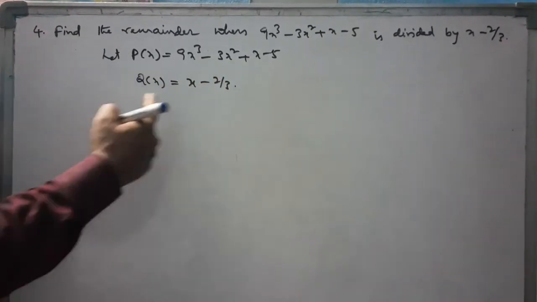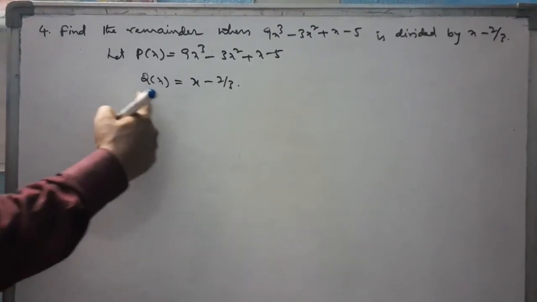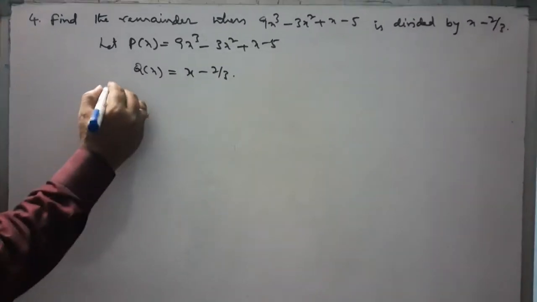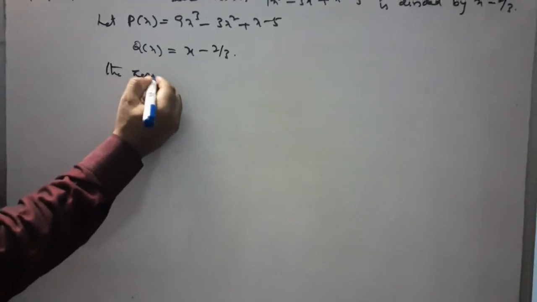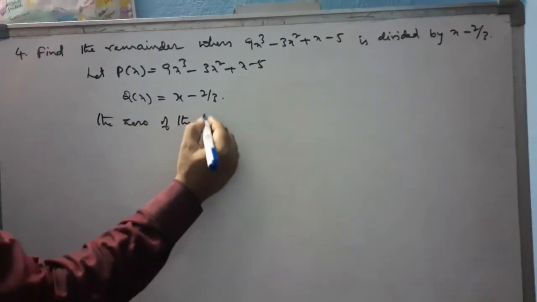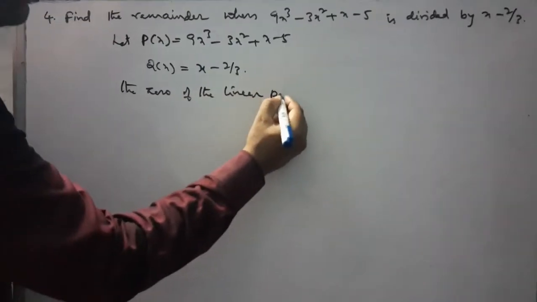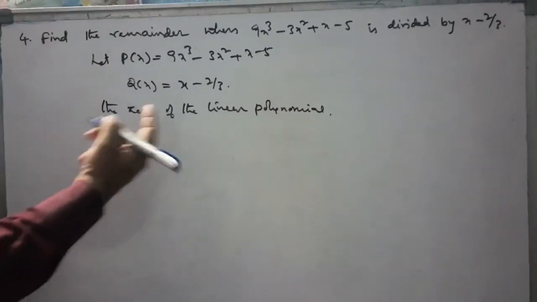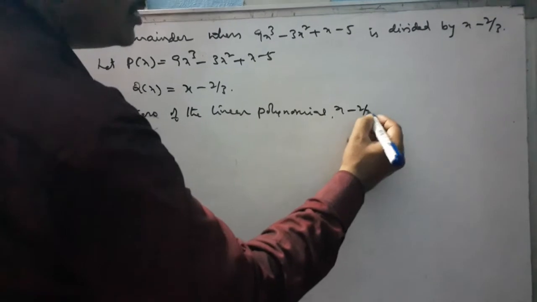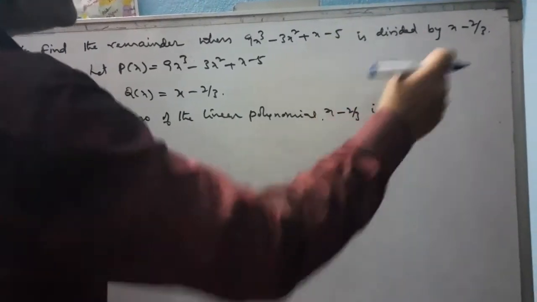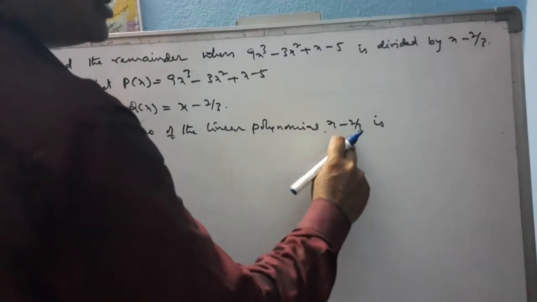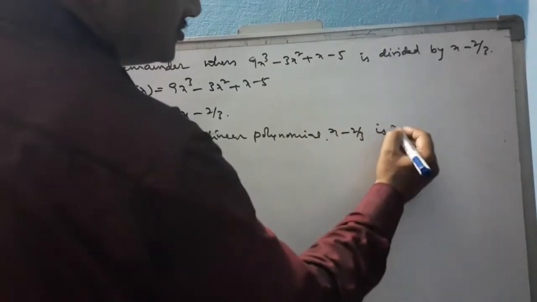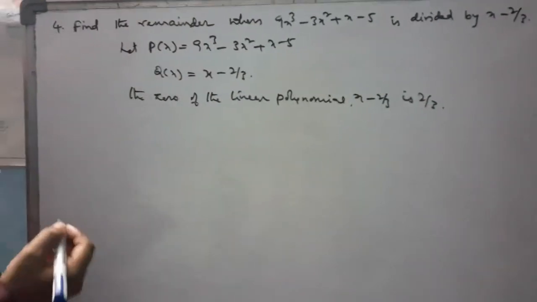Now we have to find the 0 of the linear polynomial. What is the 0 of the linear polynomial x minus 2 by 3? If you shift to the right side, minus 2 by 3 becomes plus 2 by 3. So the 0 will become 2 by 3.